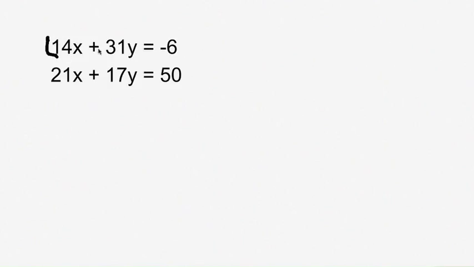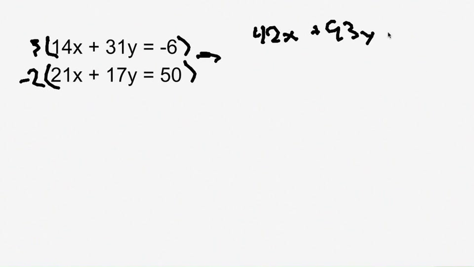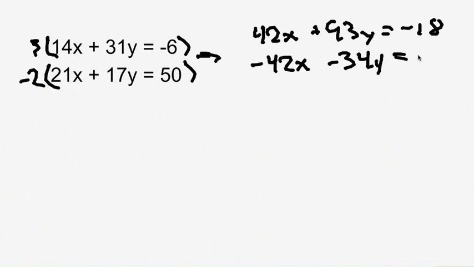If we multiply the first equation by 3 and the second equation by -2, it'll yield 42x + 93y = -18. And the second one will be -42x - 34y = -100. And we're going to add them.